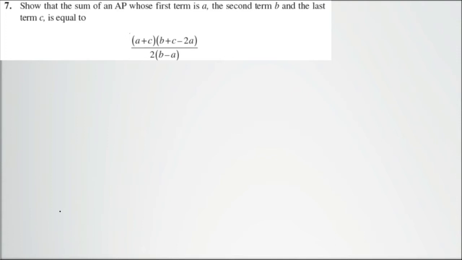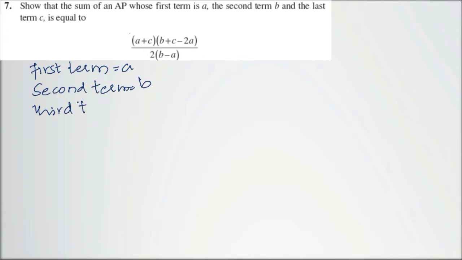Here the first term is given as a. So let me mention that first term is a, second term is b, and the third term, it's not the third term, sorry, it's the last term.